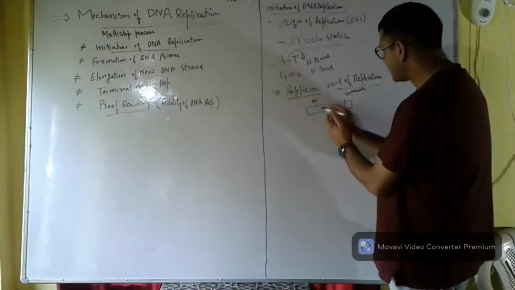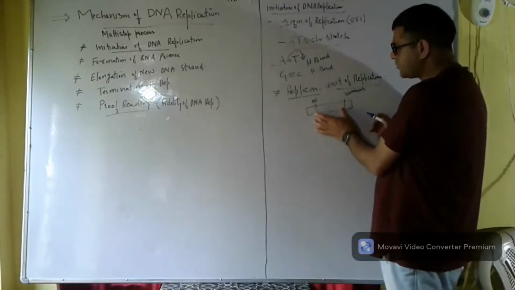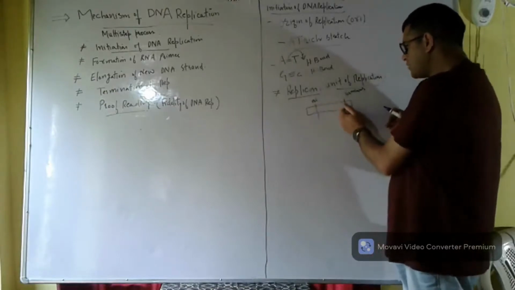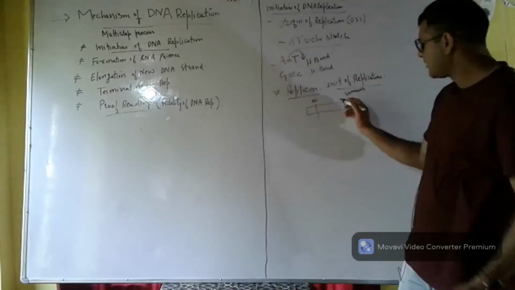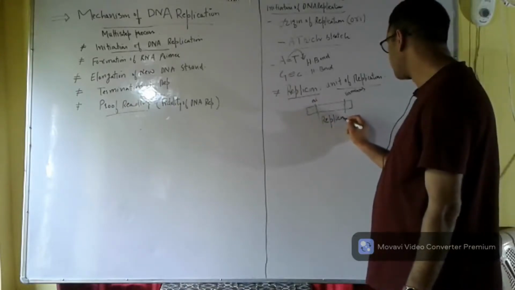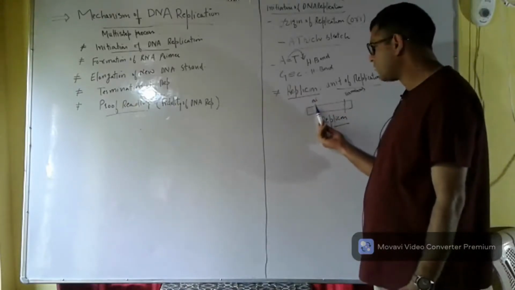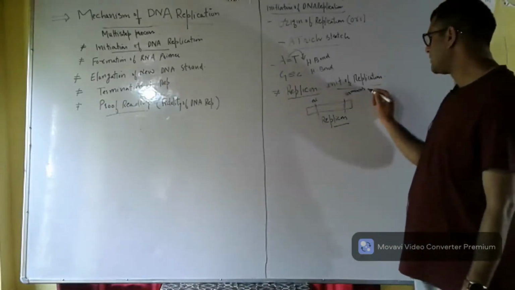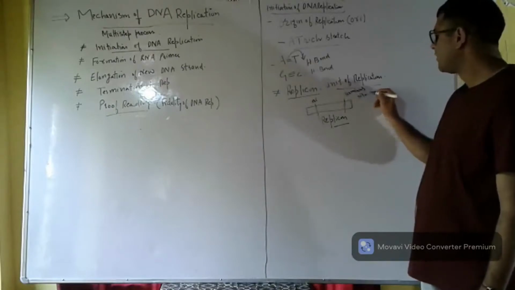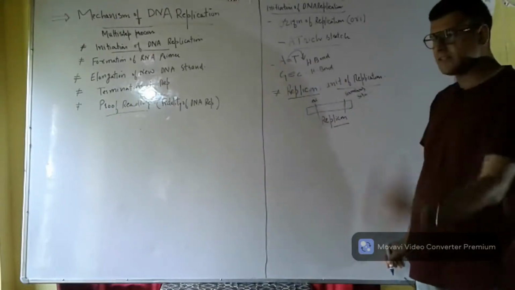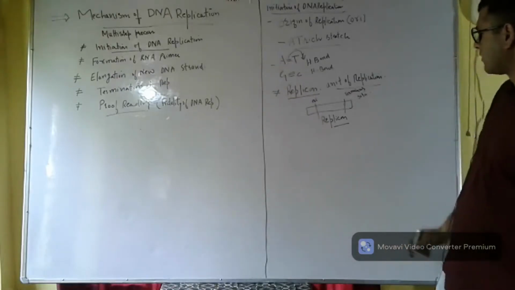So the base sequences which start from the ORI site and proceed up to the terminus site represent the replicon. So a replicon is a replication unit which starts from the ORI site and ends at the terminus site. And this terminus site represents the site where DNA replication stops or terminates. So it's called a replicon.